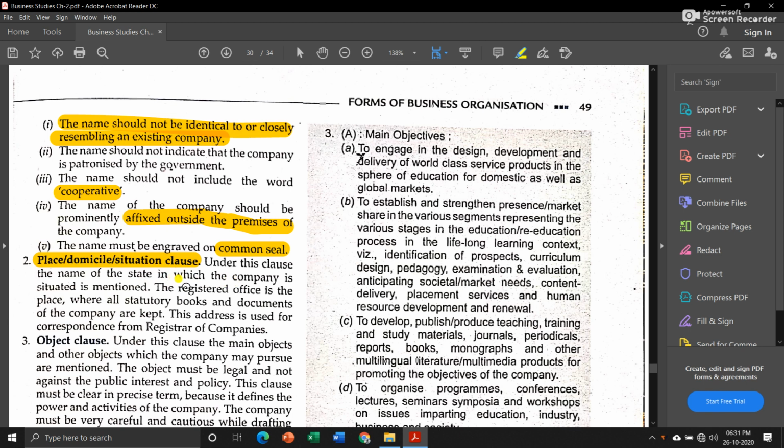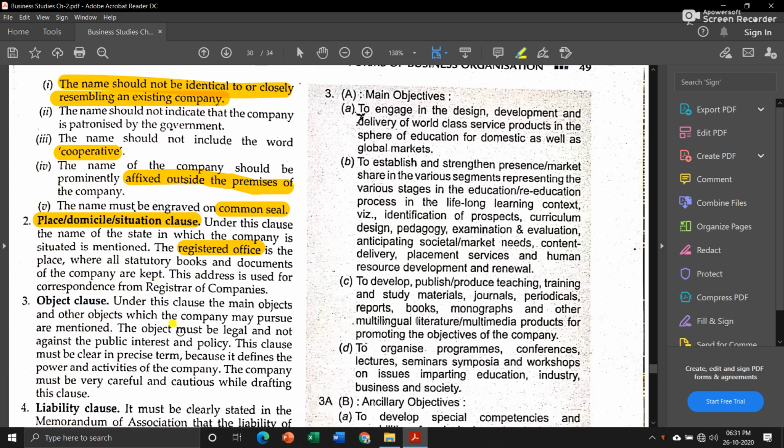The registered office, or main office, is the place where all the statutory and important documents or books are kept, and all the correspondence of the registrar of companies will be handled from that registered office.